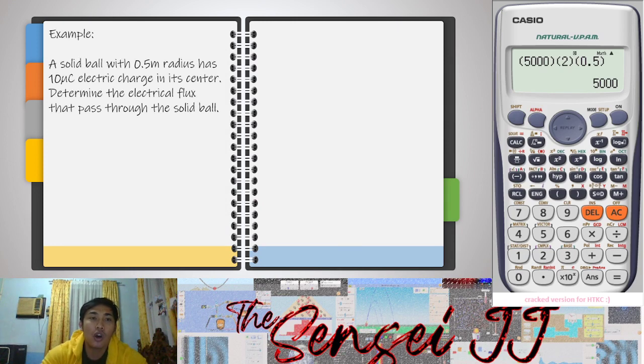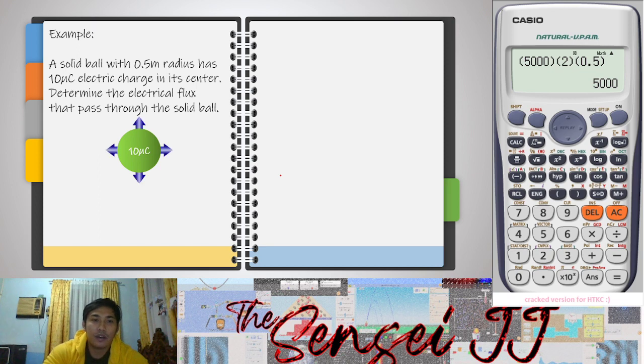So we have here a solid ball with 0.5 meter radius has 10 microcoulomb electric charge in its center. Determine the electrical flux that passes through the solid ball. Okay, so yan. So nasa gitna daw yung ating 10 microcoulomb charge.